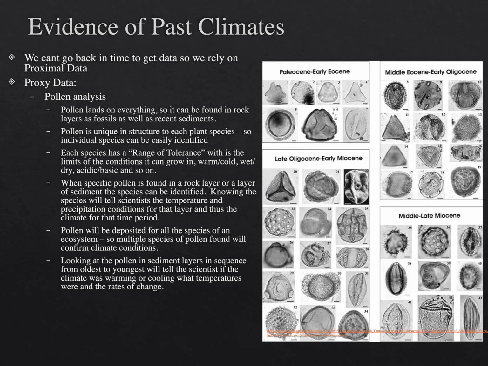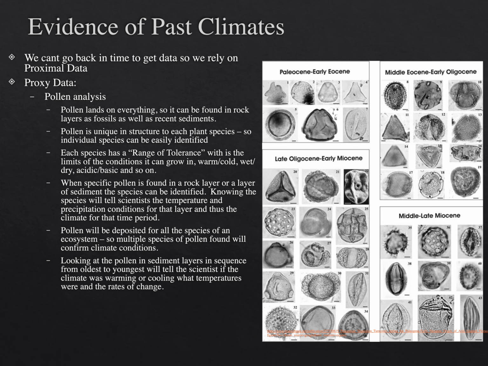So we can get a composition of species that are indicative of an ecosystem, which then is very closely tied to the range of tolerance, what those species can tolerate in terms of heat and moisture conditions and acidity and other variables, currents, wind conditions, for instance. So we get a lot of data out of pollen as a result.